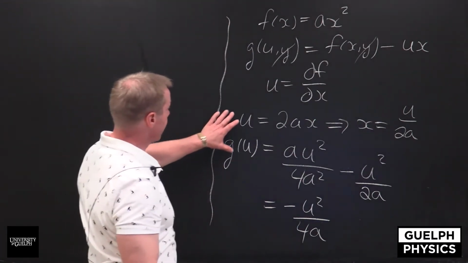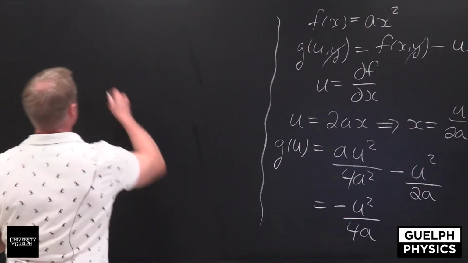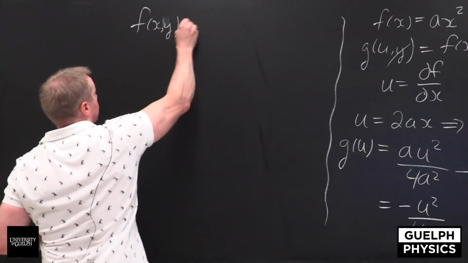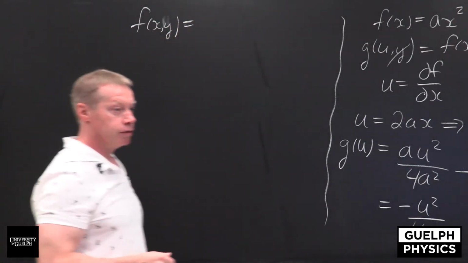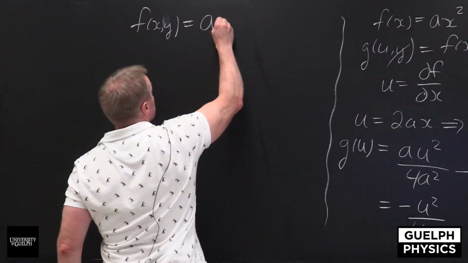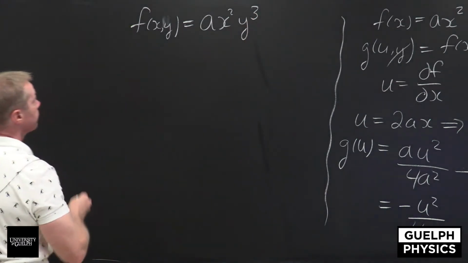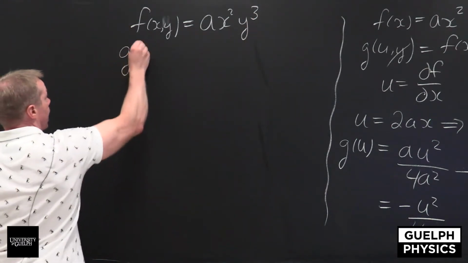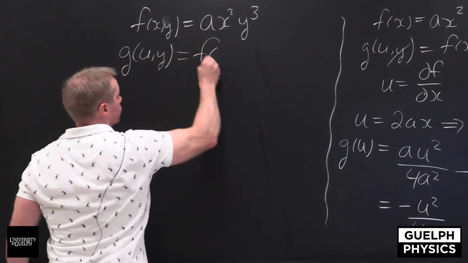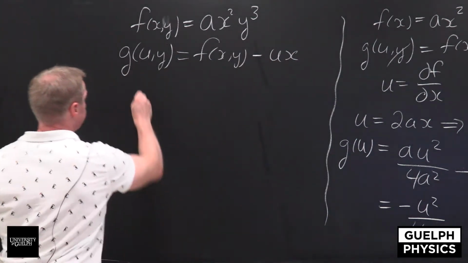So this was an example where we didn't have another variable y. So let's consider another example where we do have a function of these two variables, and I'm using ax squared y cubed. So now I will have a function g of u and y, which is f of x and y minus u times x.